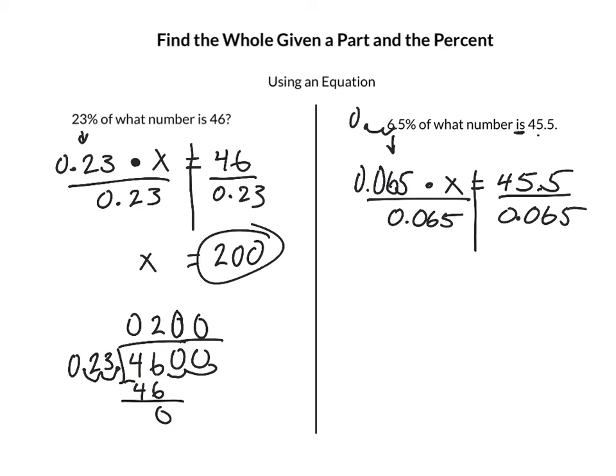We get x on the left because 65 thousandths divided by 65 thousandths is 1. When we do this division, we get 700. So 6.5% of 700 is 45.5.